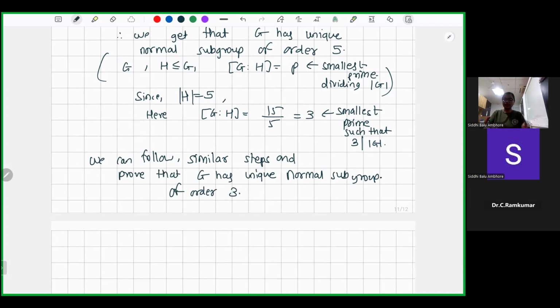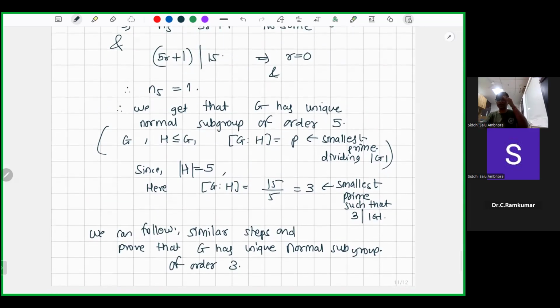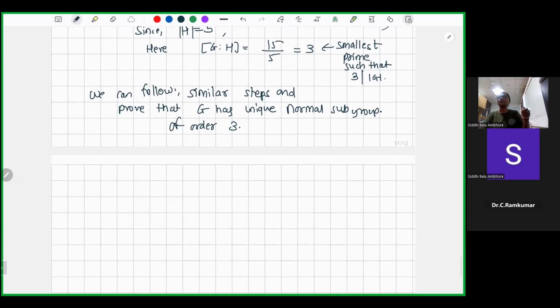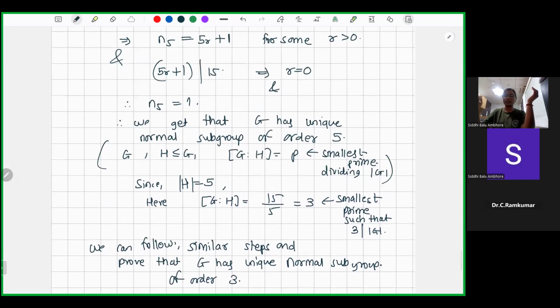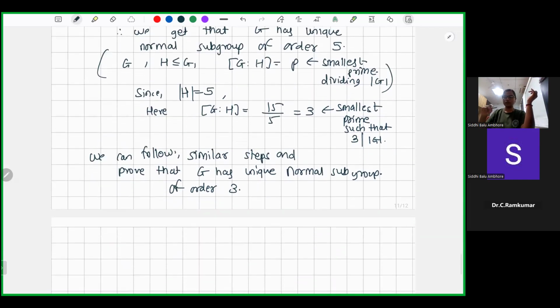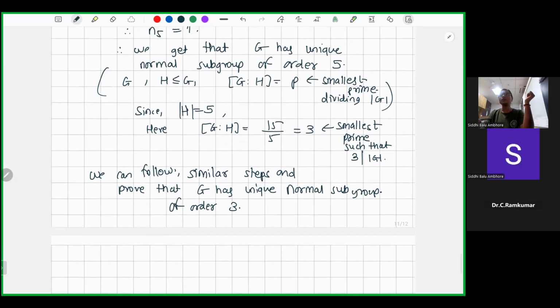Following the same argument with the Sylow 3 subgroup, we will have 3R plus 1 divides 15, and the only possible choice for R then is 0, so 1 is the only possibility for the number of Sylow 3 subgroups in G. And for normality, we can go to the quotient by the subgroup of order 3 and have a subgroup of order 5, which is cyclic and so on.